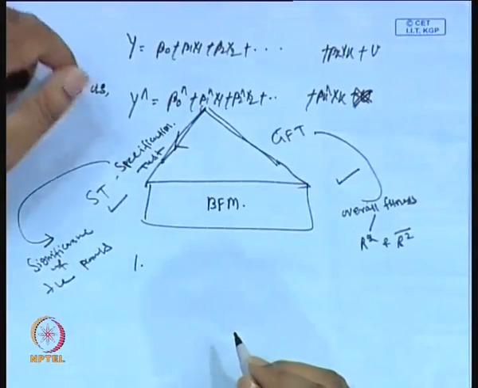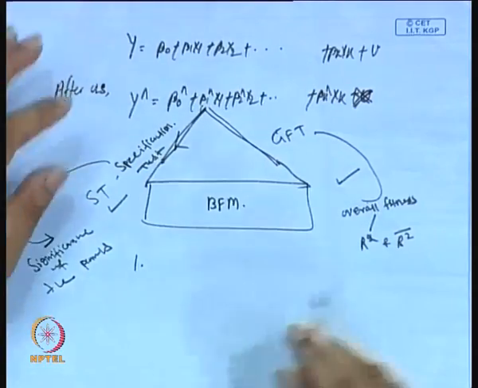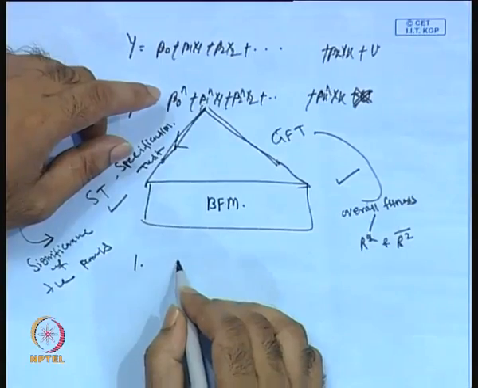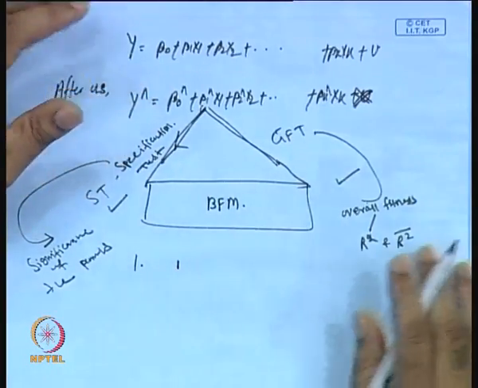When we call the model the best fitted model, it must fulfill two conditions. The first condition is that all the parameters should be statistically significant, and R-square must be statistically significant at a higher rate.